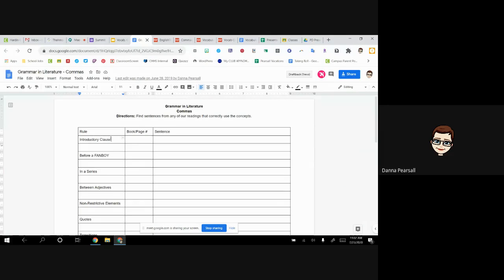You would have students, in whatever it is they're reading, it doesn't matter. If you're a social studies teacher and they are reading their social studies textbook, you can have them find this. Anyway, introductory clause. So they're reading, they find the page number where that is used, write it down, and then they write the sentence that uses that skill, or sorry, concept.